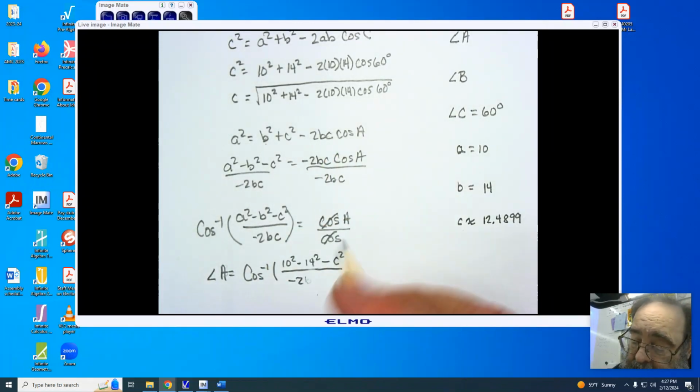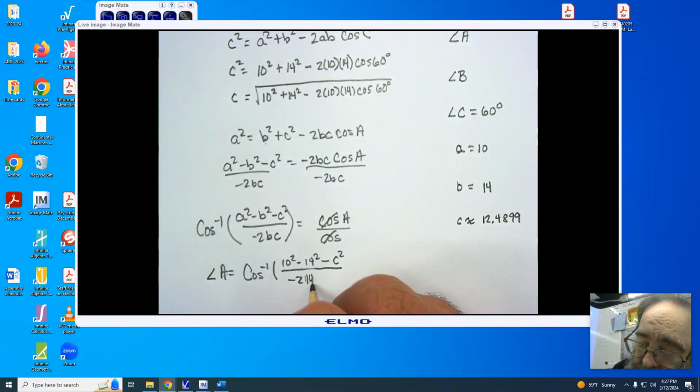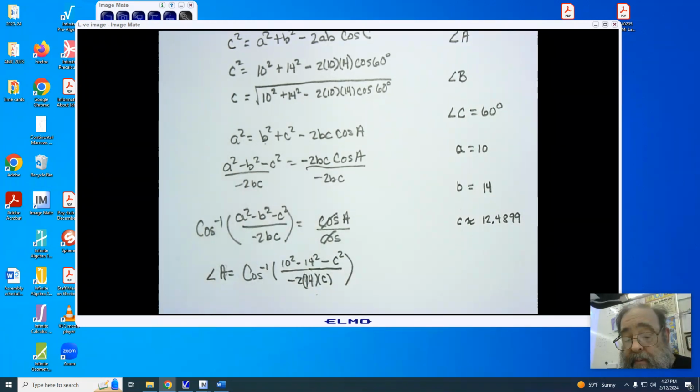So let's put that 14 in. And then we're going to put times that C value again. As long as we put this directly into our calculator and then store this A value in alpha A or some other letter, we can then use it to find angle B.